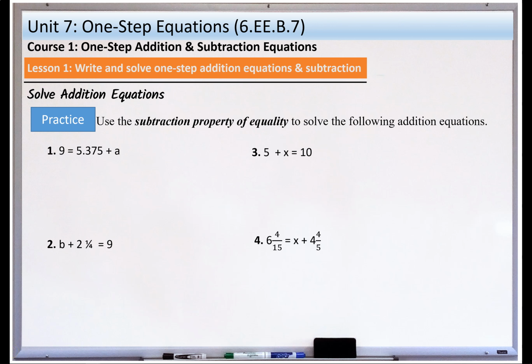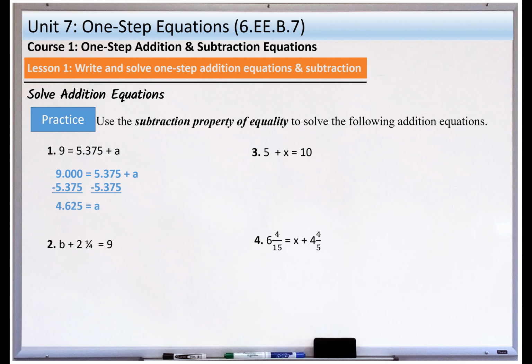So let's use the subtraction property of equality to solve the following addition equations. What that means is we're going to be subtracting the same number from both sides. So the first problem, we have 9 minus 5 and 375 thousandths plus a. Why did I add the zeros? Because I have to subtract 5 and 375 thousandths from both sides, so I need zeros with my 9 to do that.